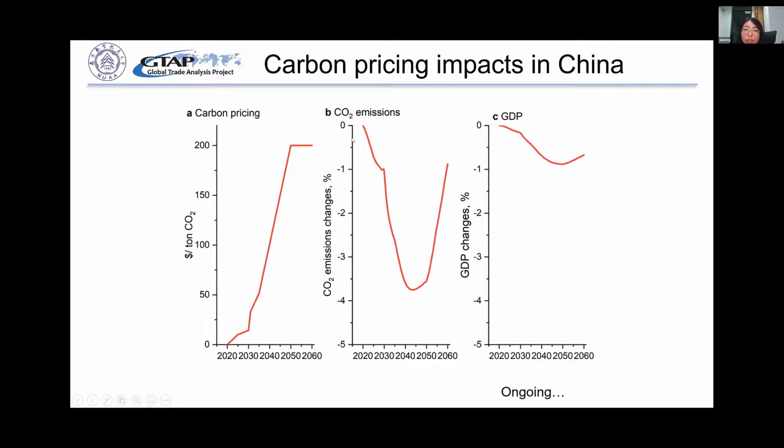In detail, with the increase of carbon price, carbon dioxide emissions will reduce largely at first, and the reduction rate will decline after 2045. And also the carbon price will reduce GDP.